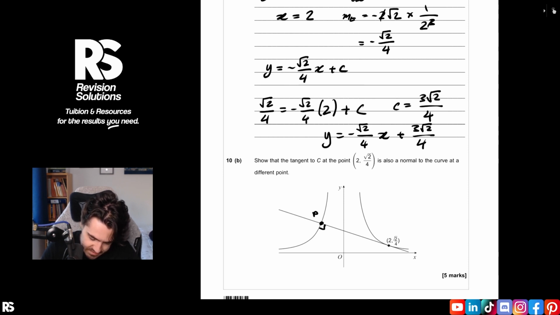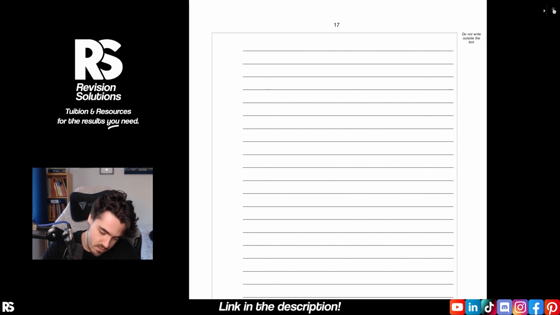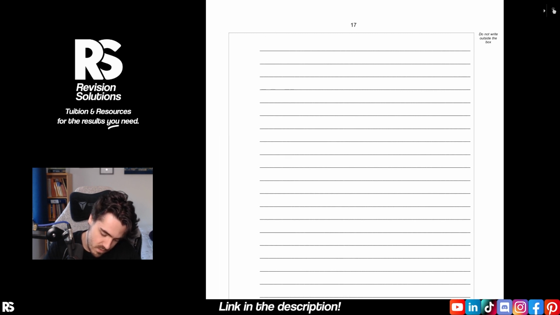So to test this, we actually find the point P, and then we can look at the gradient to see if it's actually going to be perpendicular. To find point P, we're going to need to solve simultaneously with the equation of our tangent and the equation of the curve. So let's start with that. The equation of our tangent was y equals minus root 2 over 4 x plus 3 root 2 over 4.